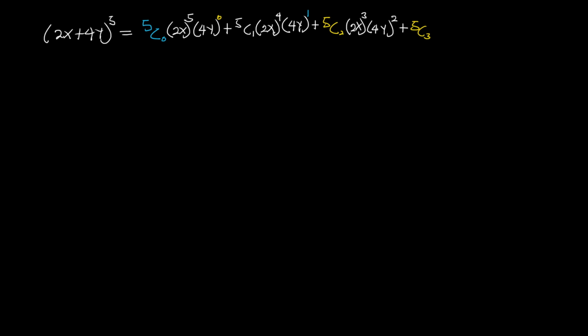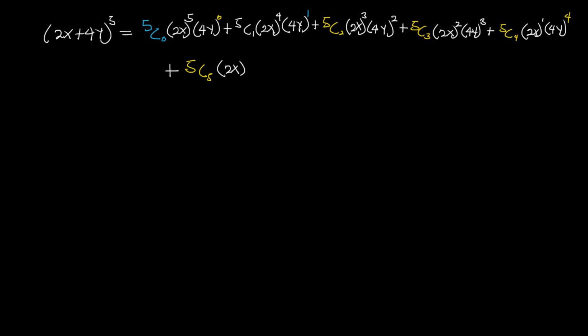plus 5 combination 3. This is multiplied by 2x raised to the power 2 times 4y raised to the power 3 plus 5 combination 4 times 2x raised to the power 1 multiplied by 4y raised to the power 4 plus 5 combination 5.